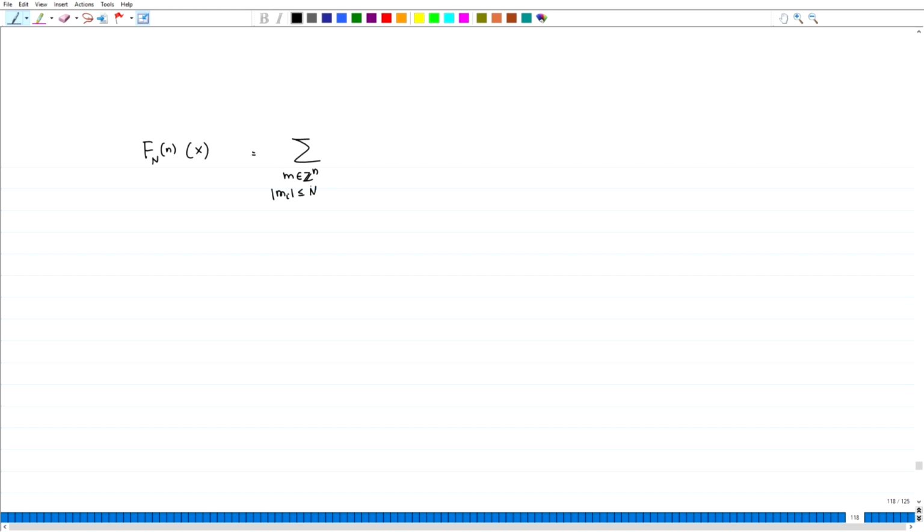We are taking the square Dirichlet kernel, and then this is 1 minus mod m 1 by n plus 1, and then 1 minus mod m 2 by n plus 1, and it goes on to 1 minus mod m n by n plus 1, and e to the power 2 pi I m dot x.